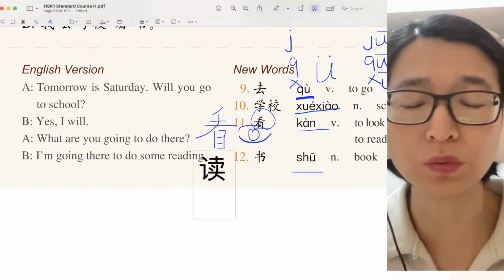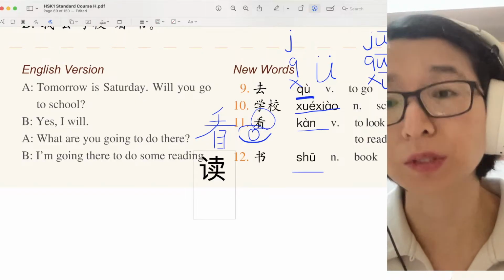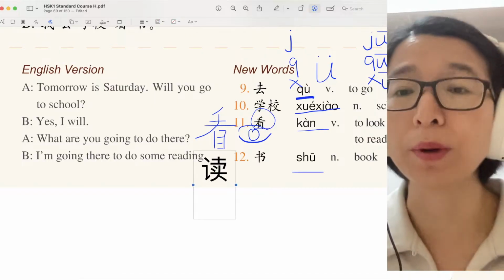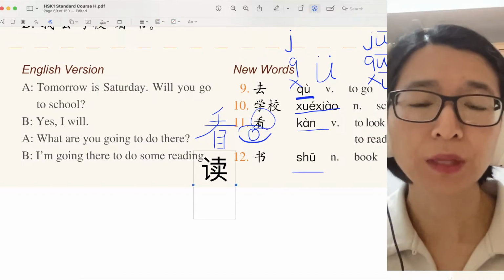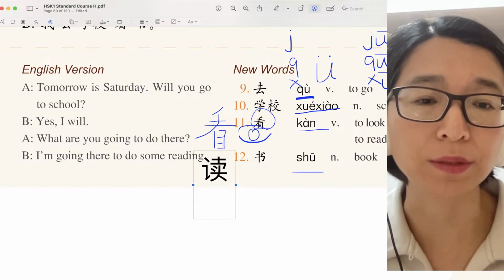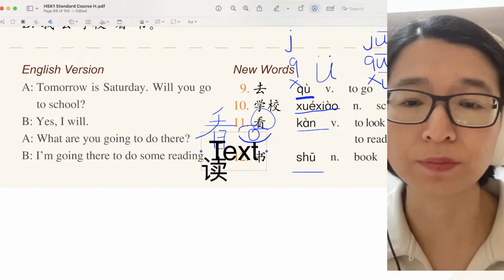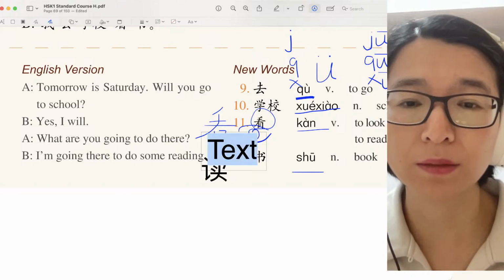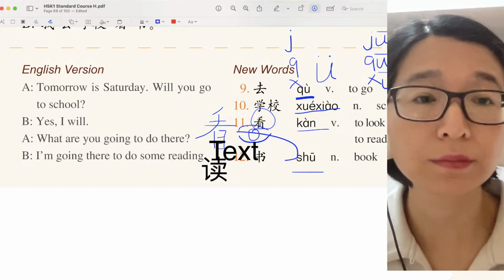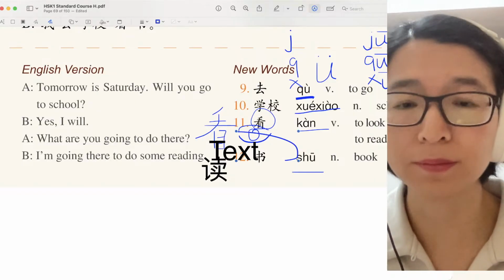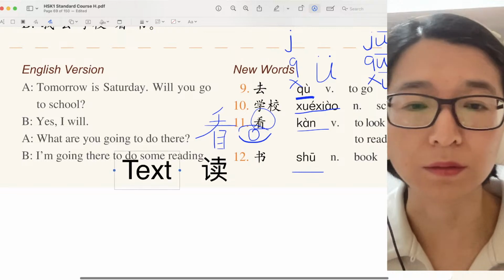Here, 读. This is the character of 读. From this character you can see it has two parts, left part and right part, right? This left part actually means to speak. I will write the left part one more time in another way.